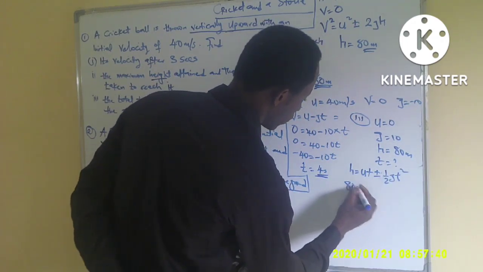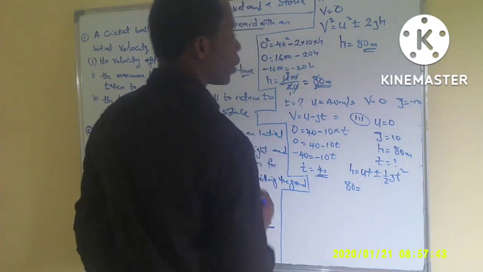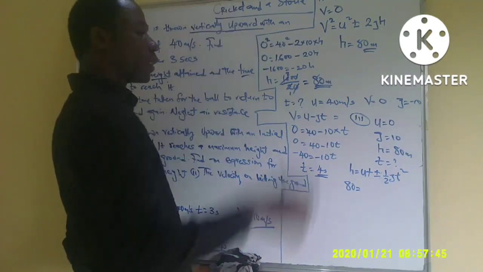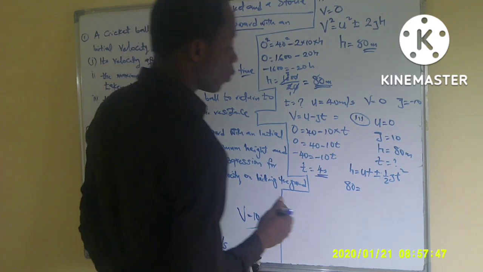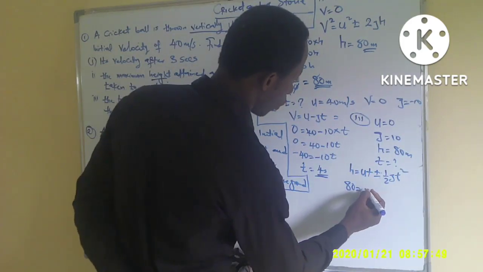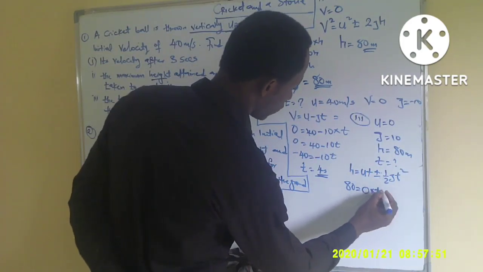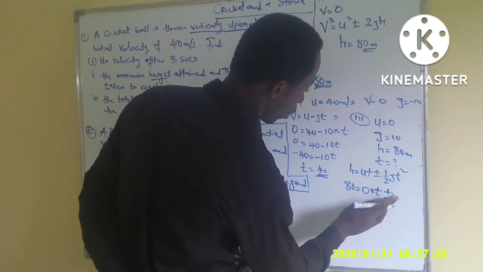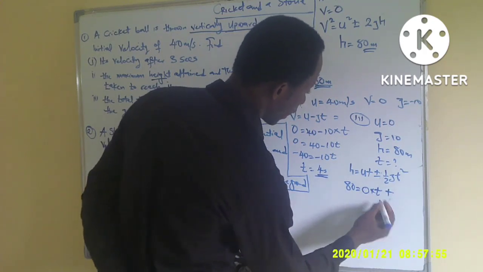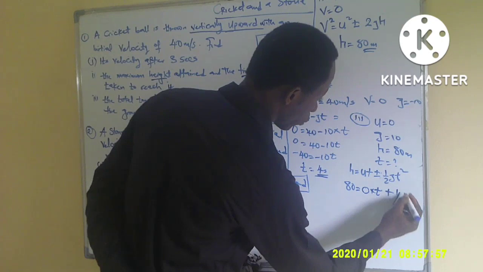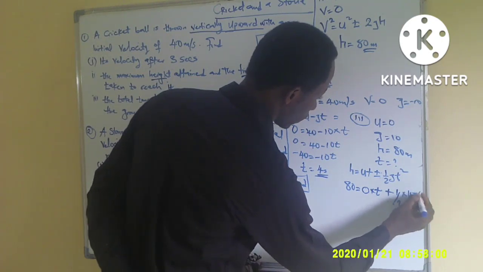So what is h? We have 80 is equal to u, because the velocity at which the body starts coming down, the initial velocity, is 0. So u is equal to 0 times t, plus or minus, or let's assume plus, because it's coming to the ground now. 1/2 times 10 times t squared.